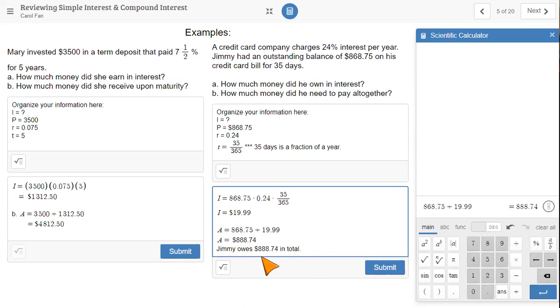Okay, so Jimmy has to pay back $888.74 in total.